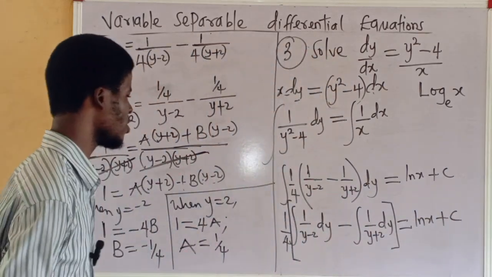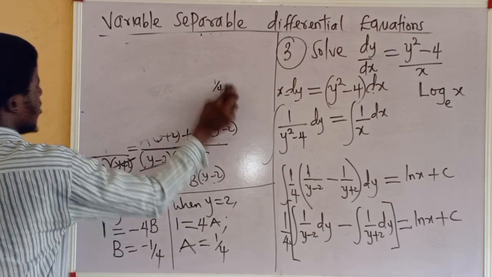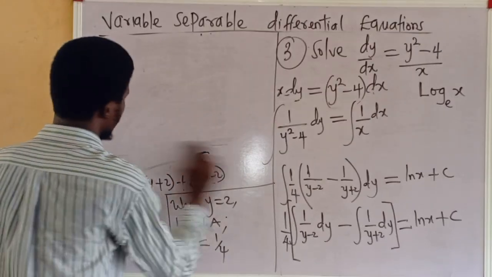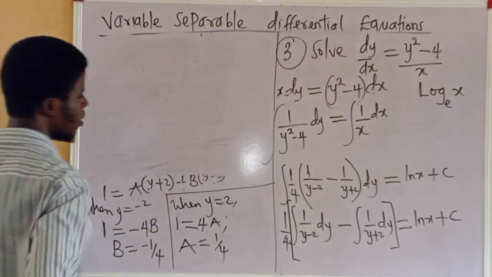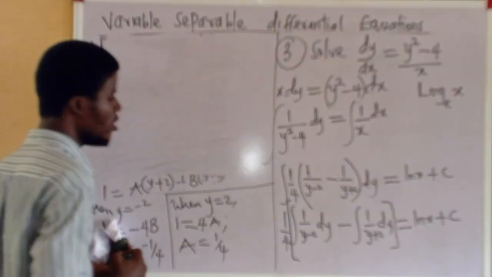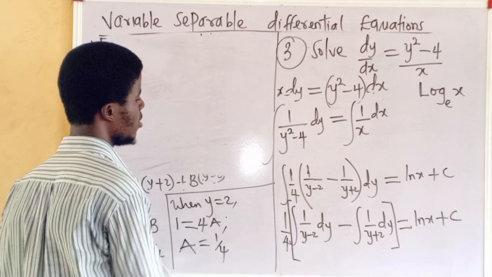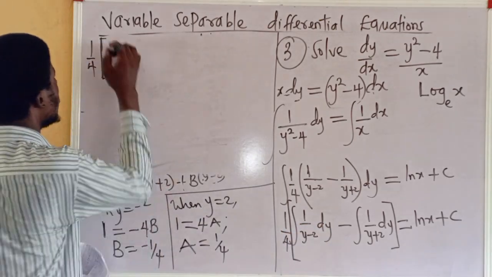So we can integrate now. Alright, let's go ahead. We have 1 over 4 into the integral of 1 over y minus 2 dy is ln y minus 2.